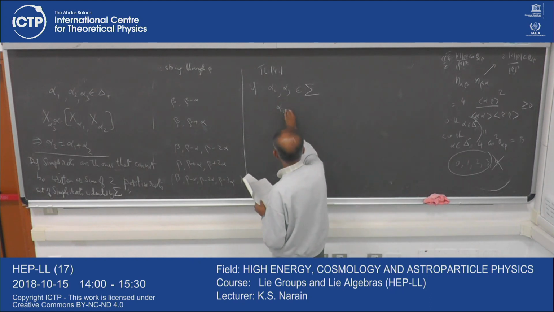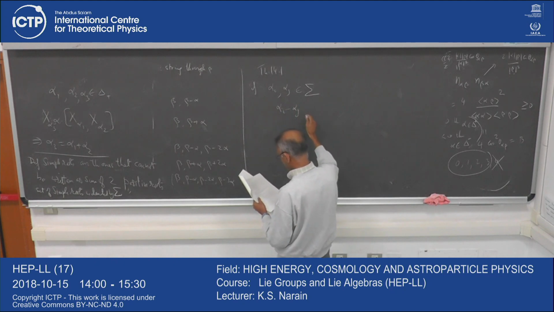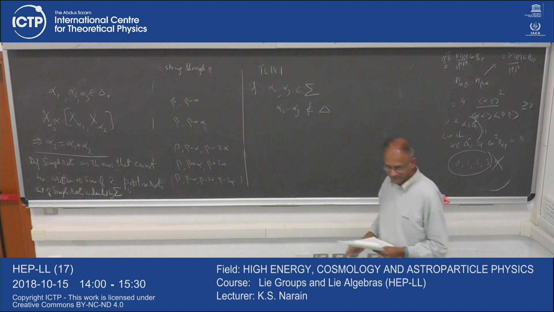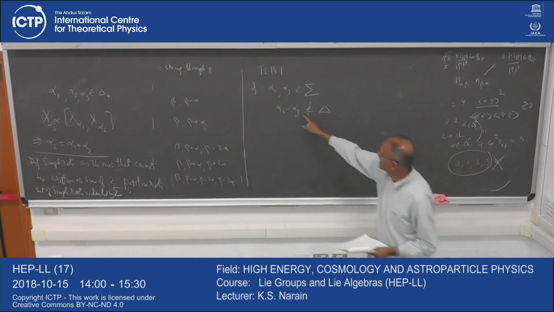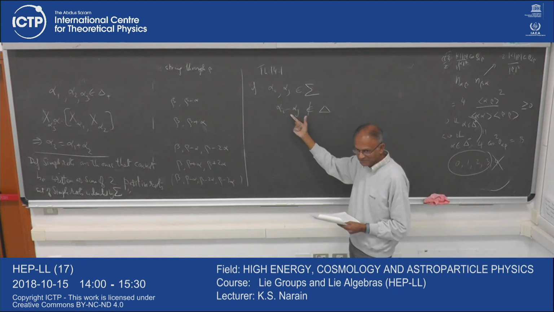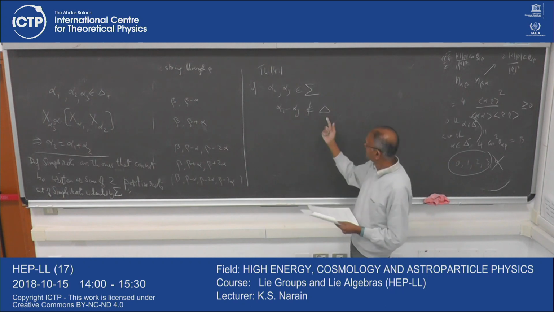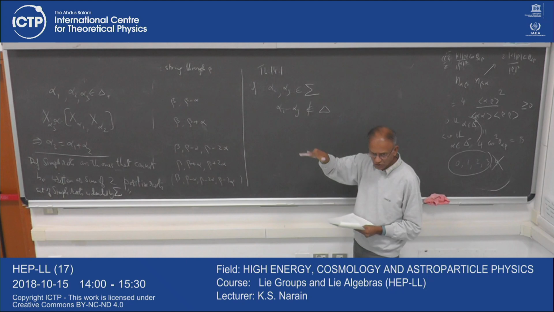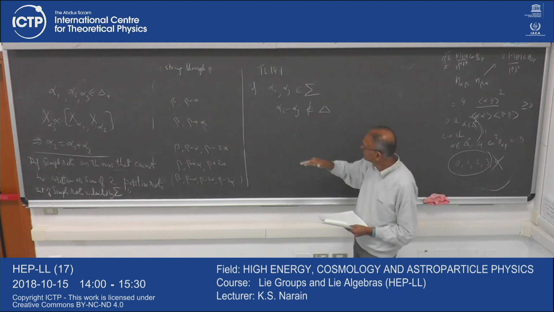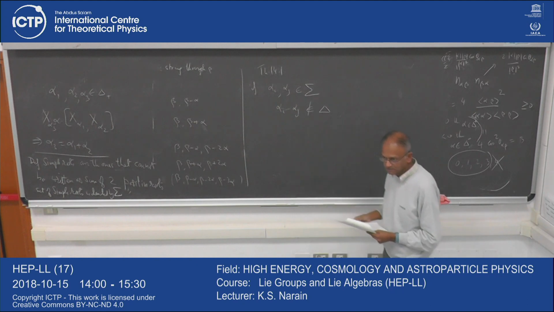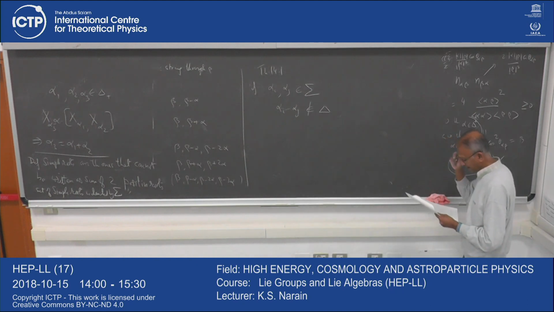Then alpha i minus alpha j does not belong to delta. I mean, if they were the same, of course it would give you 0. Alpha i minus alpha j would be 0, that would be in the Cartan algebra. But delta usually is the set of non-zero roots. But anyway, I'm talking about two different roots, so the difference is not equal to 0. So that's the statement.